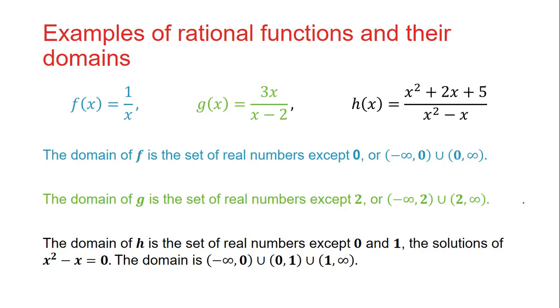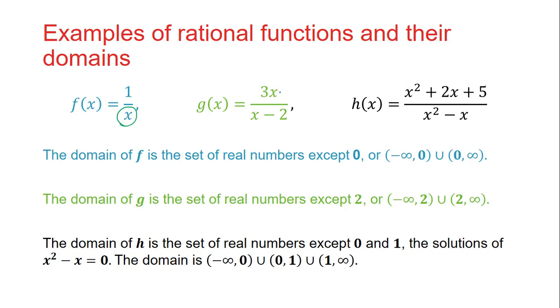So more examples of rational functions and their domains. We have f of x equals 1 divided by x. That is the basic rational function. We actually saw that briefly in section 11. The domain of f is a set of real numbers except for 0. That is where the denominator is equal to 0. So that in interval notation is parentheses, negative infinity to 0, close parentheses, union, parentheses, 0, comma, infinity, close parentheses.